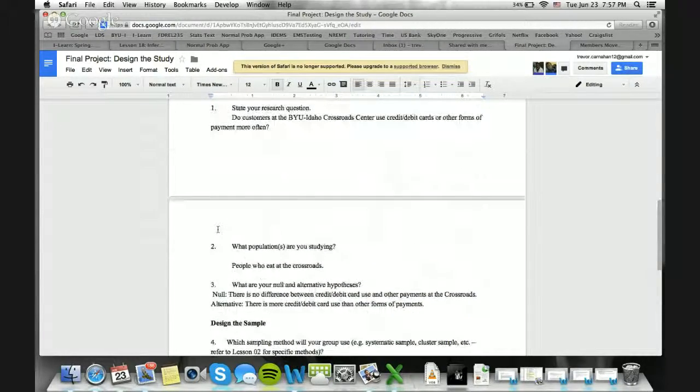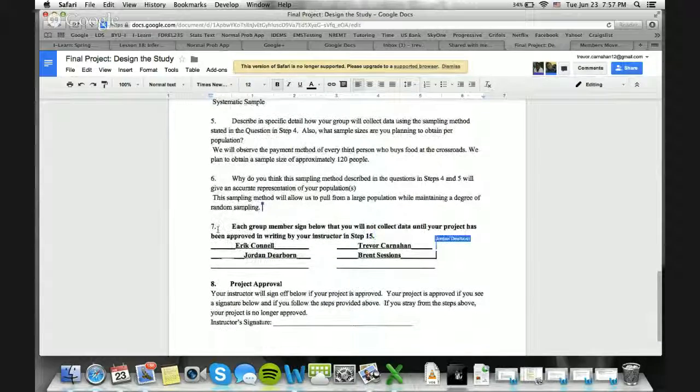Plus, if we did that, we could get extra data about what time of day is better for certain payment options.